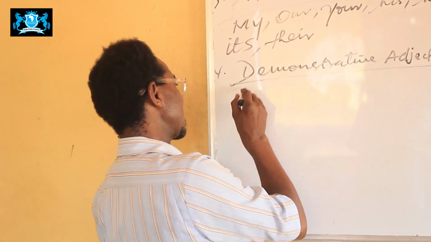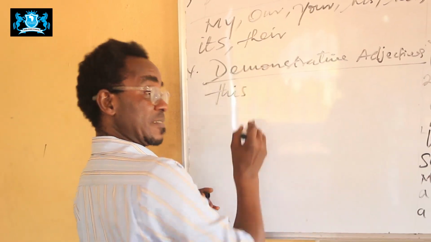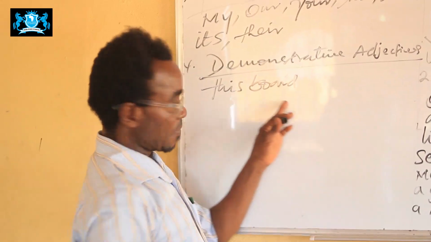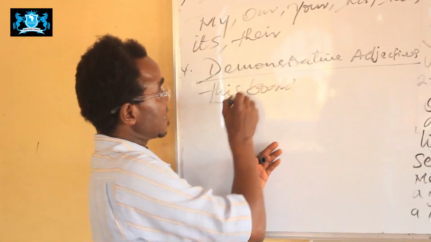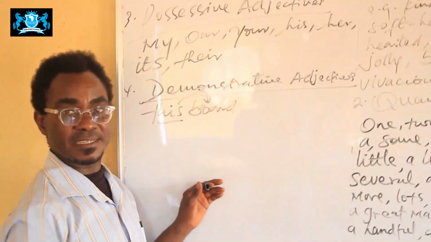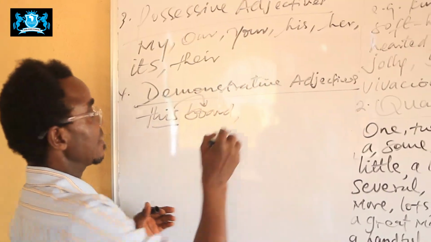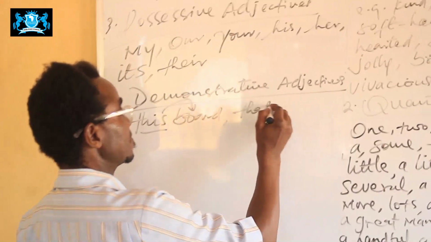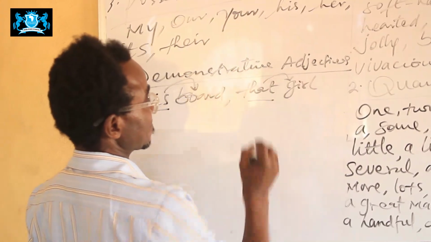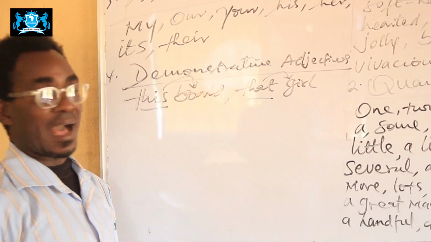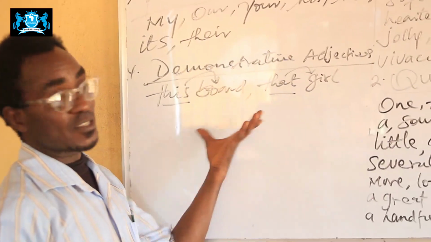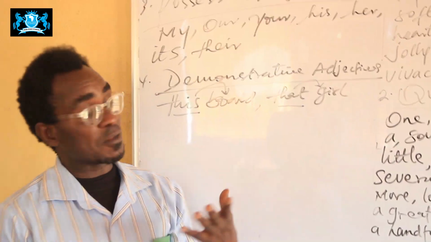So I will say, for instance, this board, where the adjective is this, pointing at the board. This board shines. Singular. That girl walks fast. Singular. What's the difference between these two singular demonstrative adjectives?